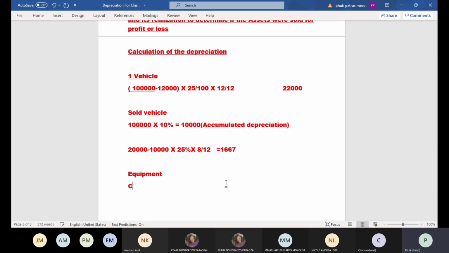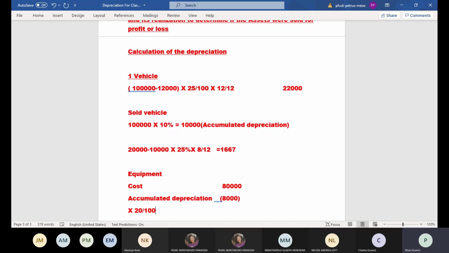Equipment, we had an initial cost of 80,000, and its accumulated depreciation is 8,000 rands in brackets. You multiply this by 20 and divide it by 100.